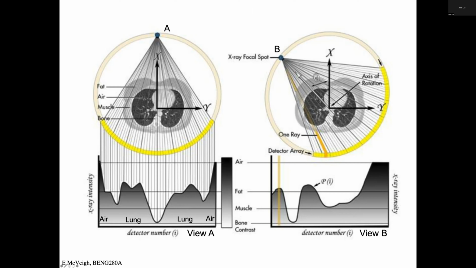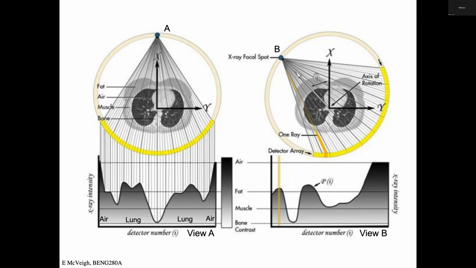In a modern scanner, this thing rotates around, ours does it every 280 milliseconds, and you normally get about 1,000 views over that 280 milliseconds. So just divide that 360 degrees by 1,000 views. There's a slight angular motion there when you're integrating the photons, and that gives you your temporal sampling. So it's 1,000 samples per 280 milliseconds. That gives you your temporal sampling.